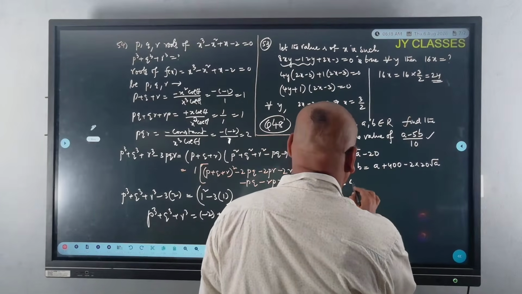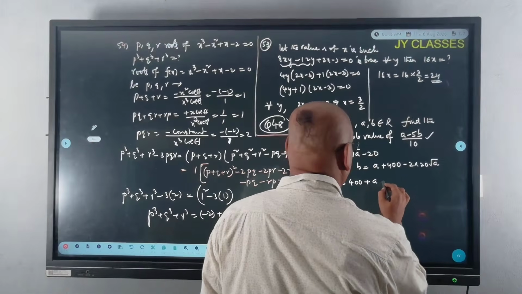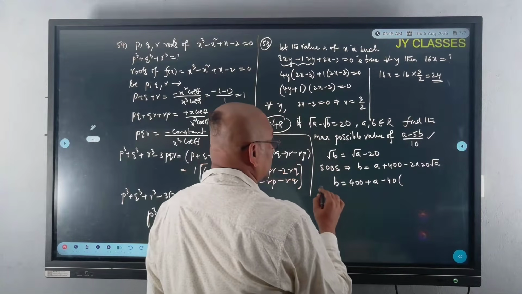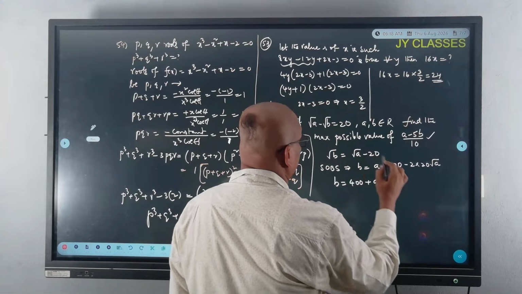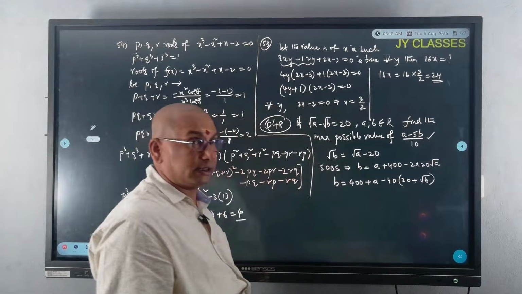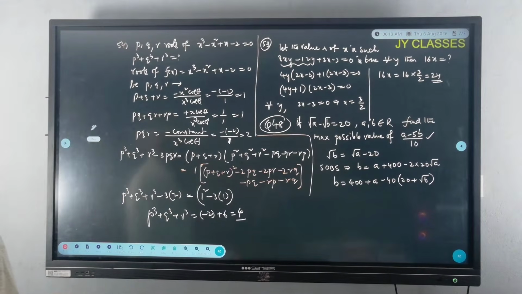So b is equal to 400 plus a minus 40 into root a. What is root a? Root a is 20 plus root b.